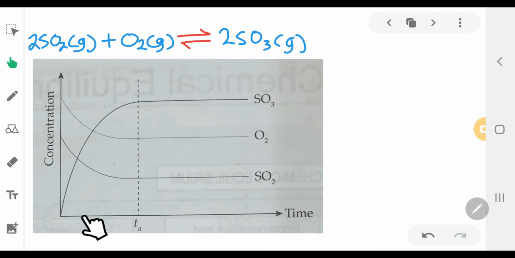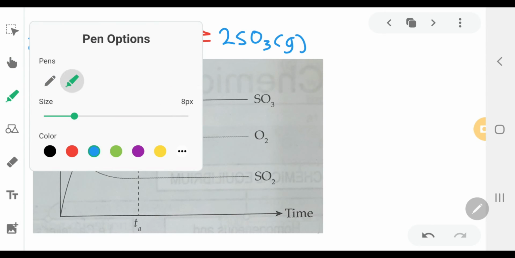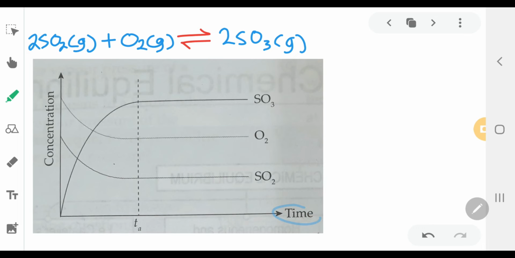On this axis, you have your time. And on that axis is going to be the concentration, because all of these gases will have concentrations, and that's how we know they exist.